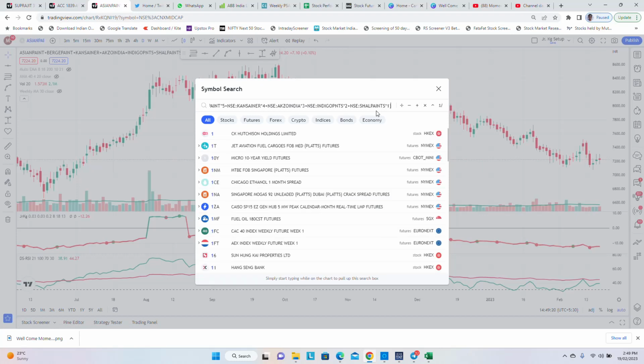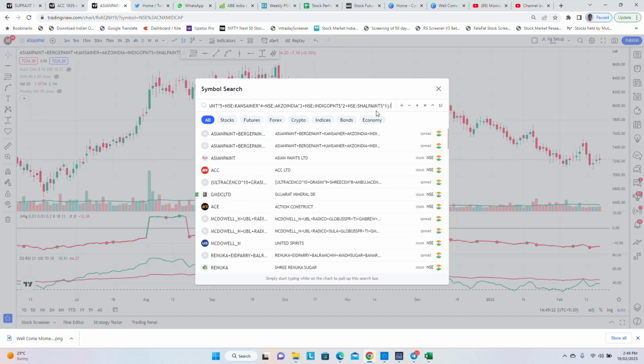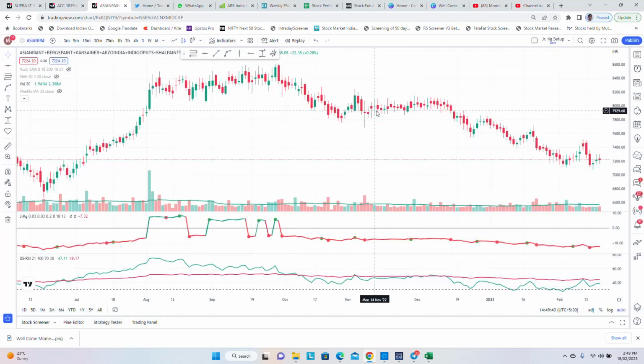Bracket close. But we have to give a rating, so we can't just multiply. We have to divide it by the total number. We have taken 6 plus 5 plus 4 plus 3 plus 2 plus 1, so it is 21. Then we will divide it by 21 and then enter.